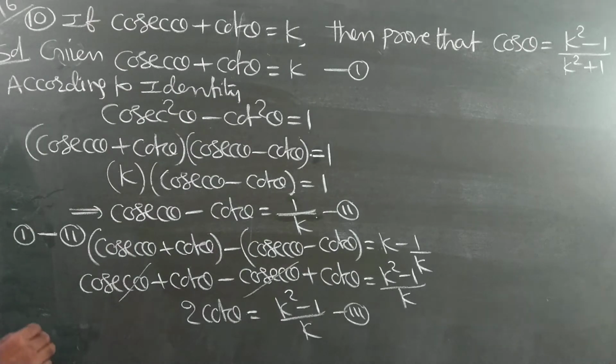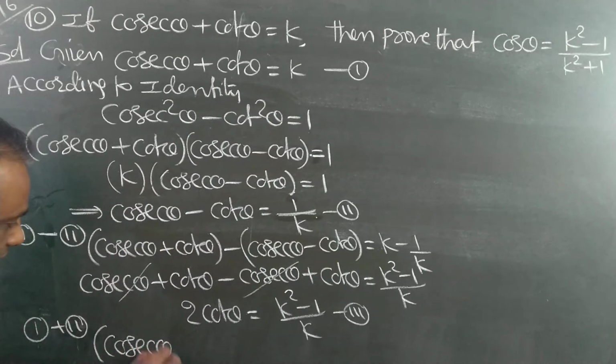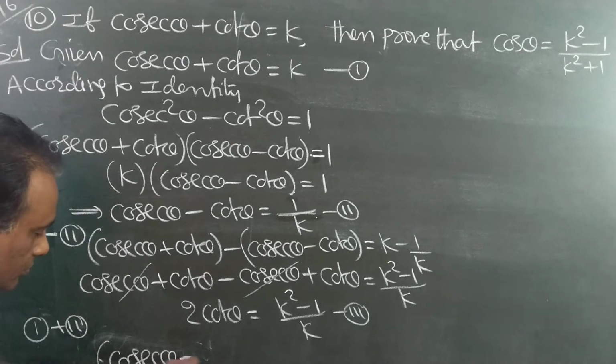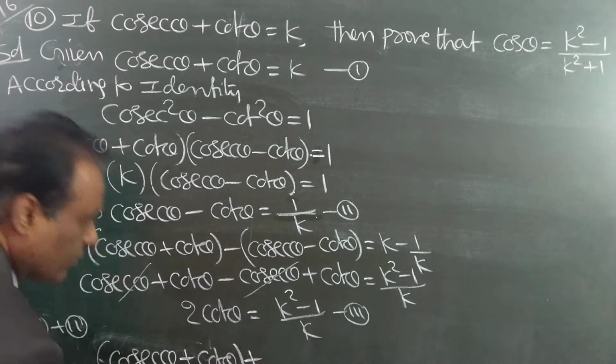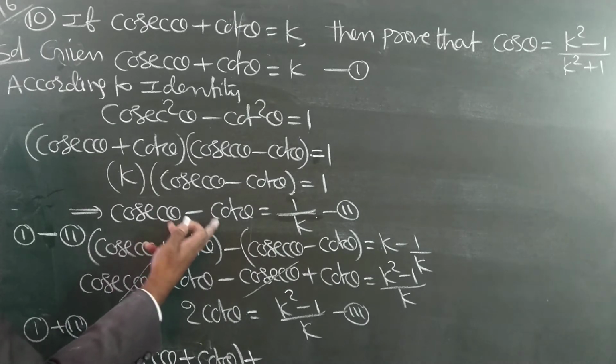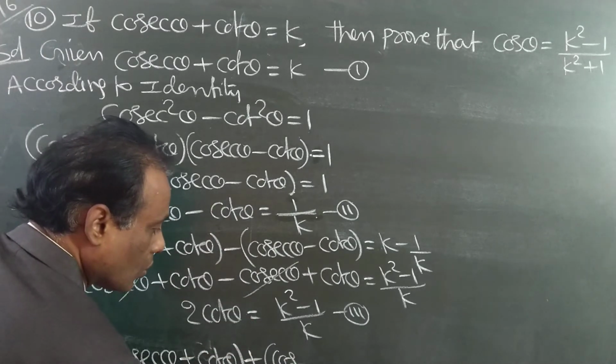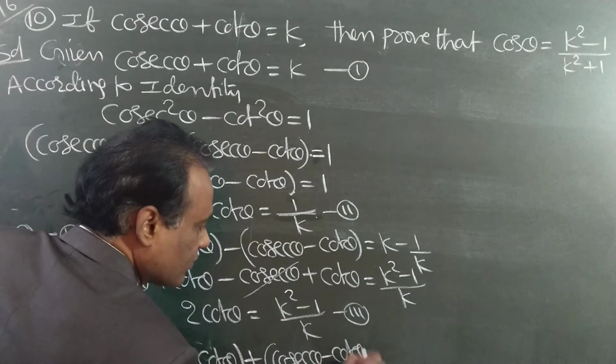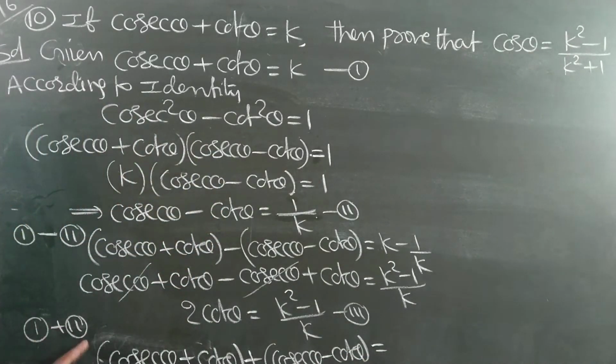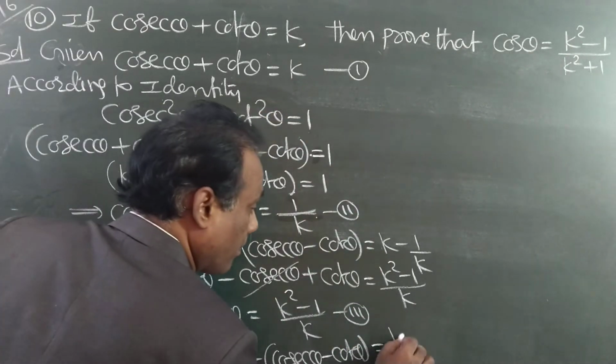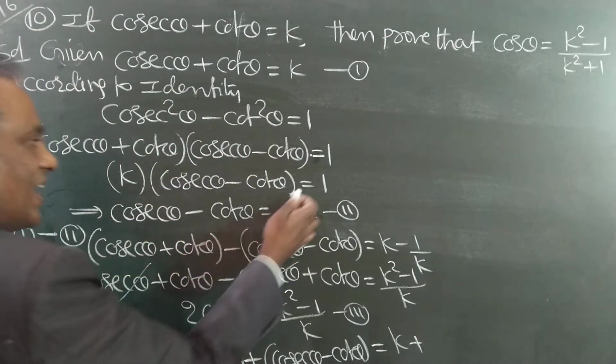Now what do you do? Adding 1 and 2. Now I subtracted, now add. First one: cosecant theta plus cot theta, plus the second one: cosecant theta minus cot theta. Adding 1 and 2, right side it is k plus 1 by k.